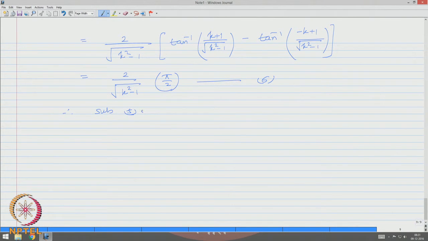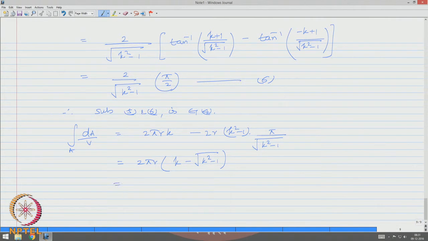Substituting 5 and 6 in equation 4, the integral dA by v will be 2 pi R k minus 2 R root of k square minus 1 times pi by root of k square minus 1, which tells me 2 pi R times k minus root of k square minus 1.